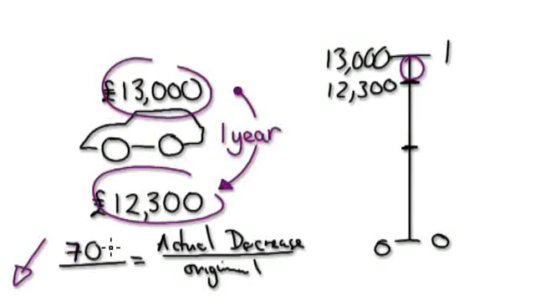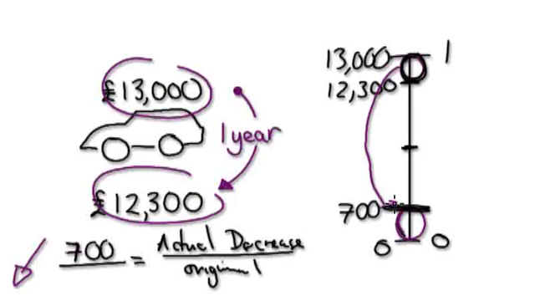So this bit here is 700. What you do is move it down here. So the 700 is here. And how does the 700 compare to the original? Well, you get 700 divided by the original.